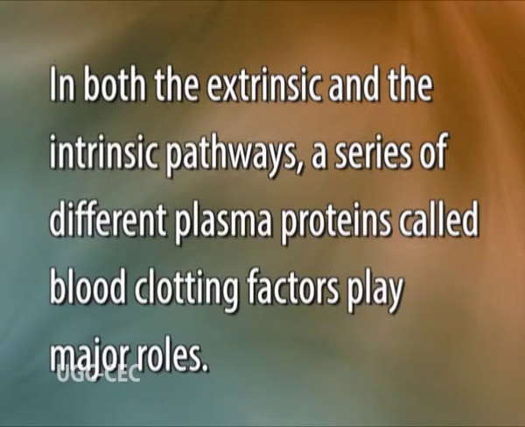In both the extrinsic and intrinsic pathways, a series of different plasma proteins called blood clotting factors play major roles. Most of these are inactive forms of proteolytic enzymes. When converted to the active forms, their enzymatic actions cause the successive reactions of the clotting process.